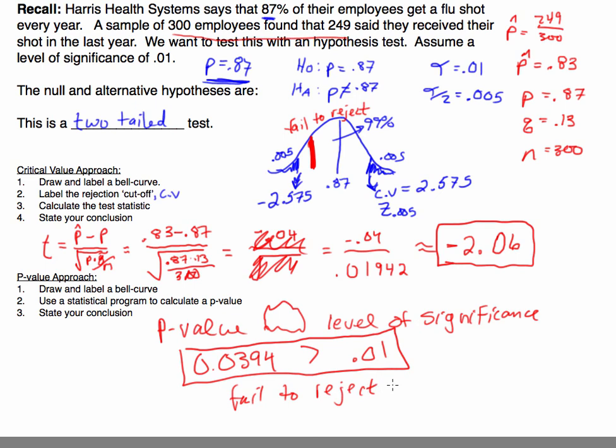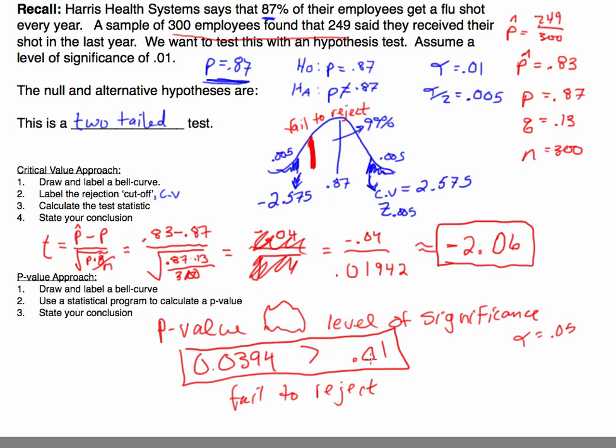Now, just for theoretical purposes, what if our level of significance was not 0.01 but 0.05? Well, if we use the p-value approach, our p-value is less than 0.05, so in that case we would reject the null hypothesis.